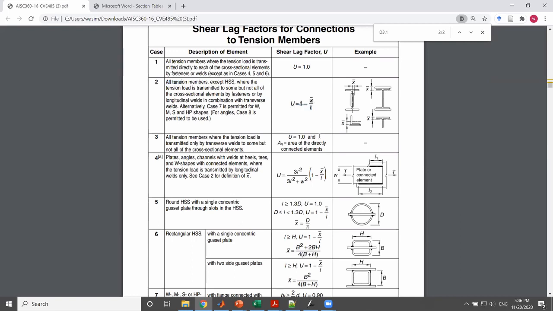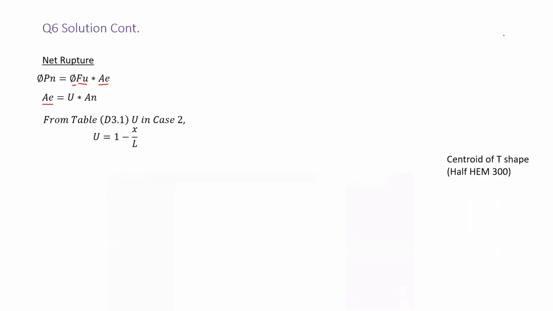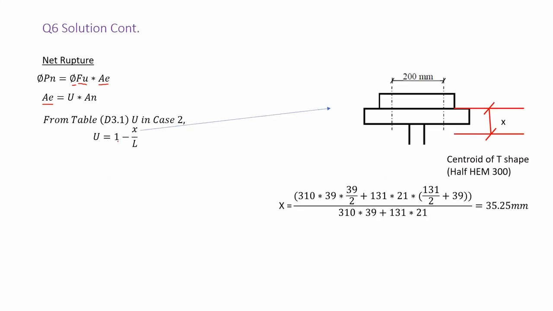Here we have this equation, 1 minus x bar over L. As you know, since the wide flange is connected from its flanges, from the top, we have to cut it in half, so it becomes like a T-shaped member.